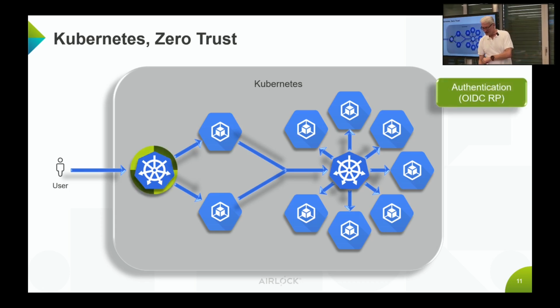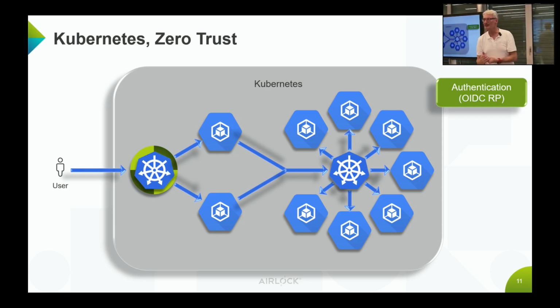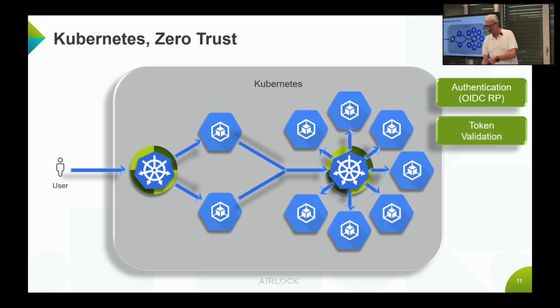And so what you can do is, first, you could implement some kind of authentication layer on the first ingress function, the first Gateway API, implementing, for example, an OIDC RP, so your applications don't need to do that themselves, or they can check tokens, whether they are valid.